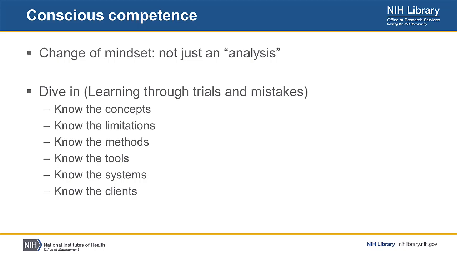And it is not just analysis, it's actually a type of library service, although it's very rare for people to look at it as a service, but it is a support service to research. So I dove in, through a lot of learning through trials and mistakes, and again, I almost did the same thing. I went to the site too, and they have their manual, they have their workflow.